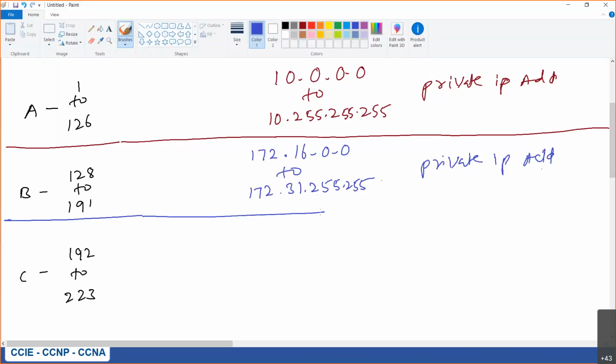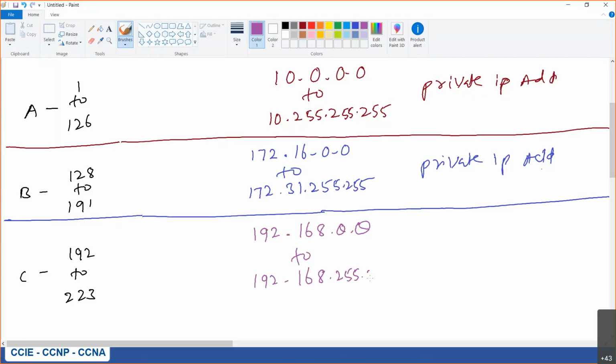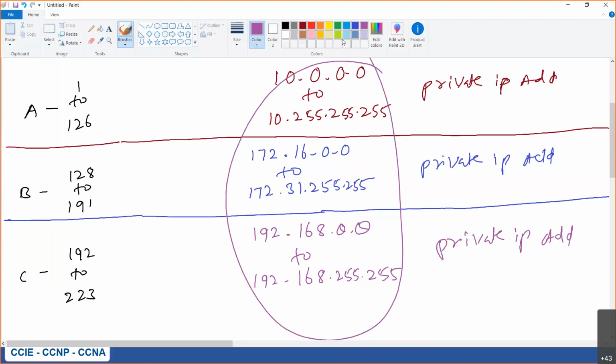So remaining all are public IP addresses in class B. So finally, class C, 192.168.0.0 to 192.168.255.255 is also private IP addresses. So other than private IP addresses, remaining all IPs are public IP addresses.